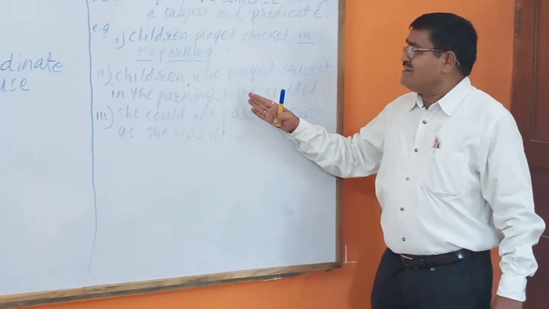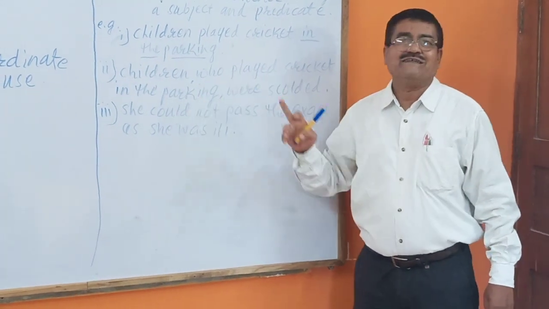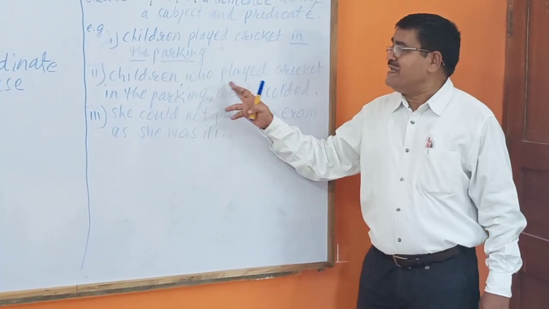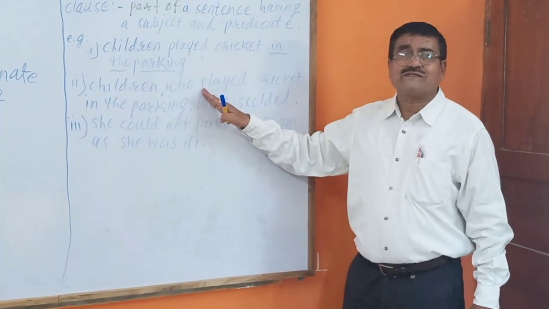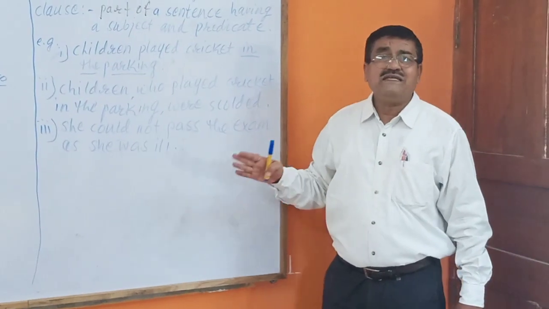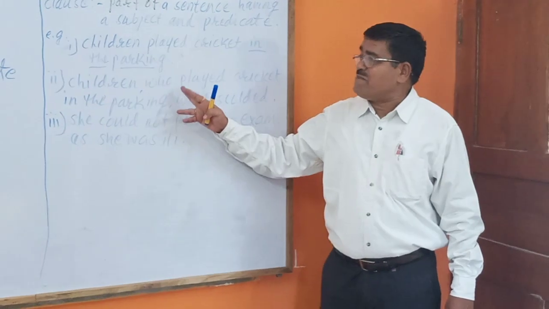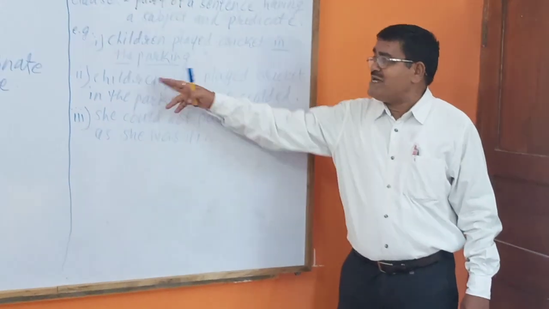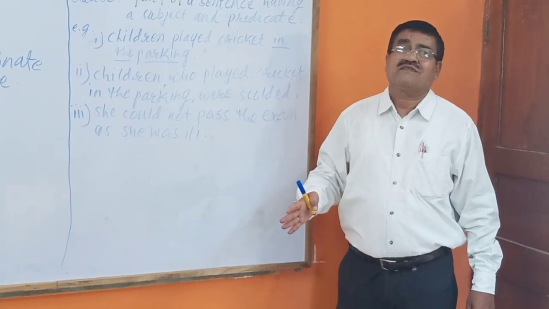But the other clause in this sentence, who played cricket in the parking? This is another clause. But this clause cannot make complete sense on its own. It has to be dependent upon the main clause for the completion of meaning.